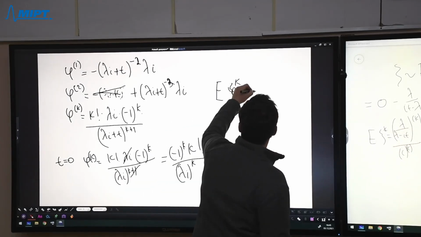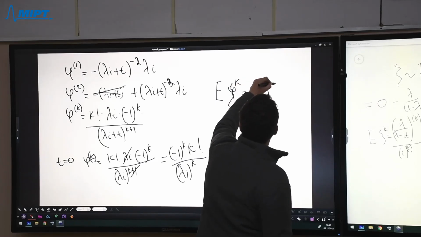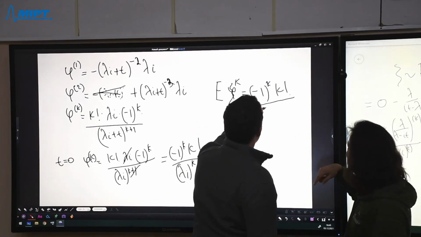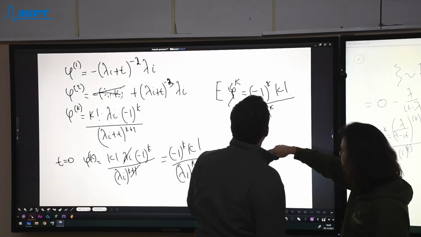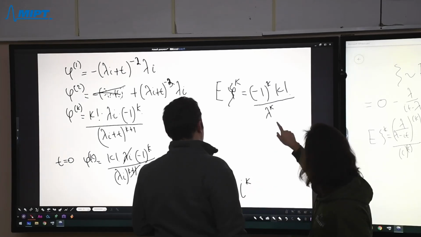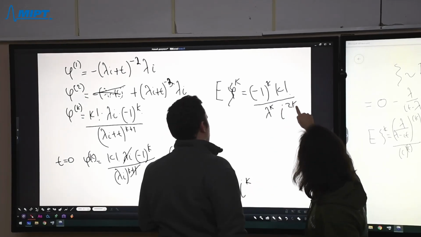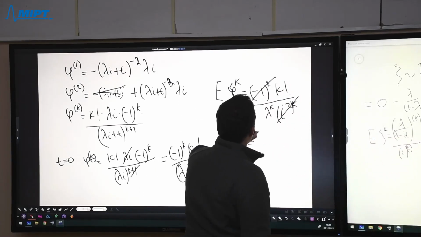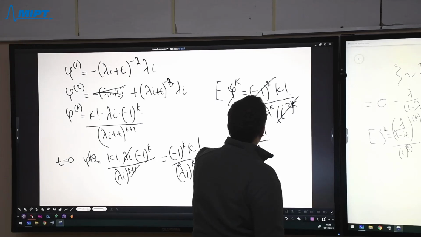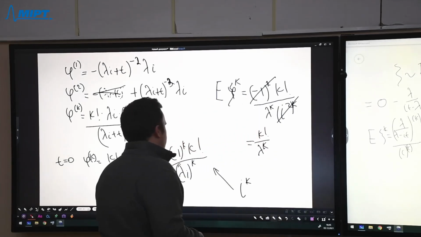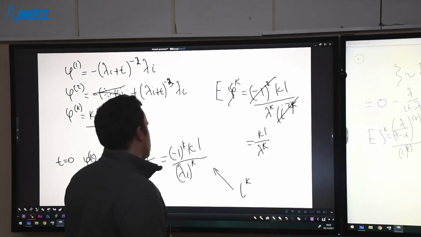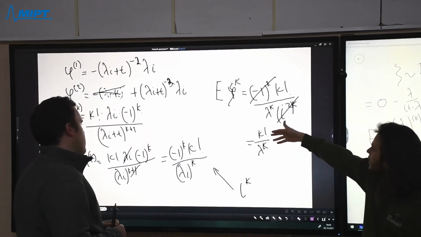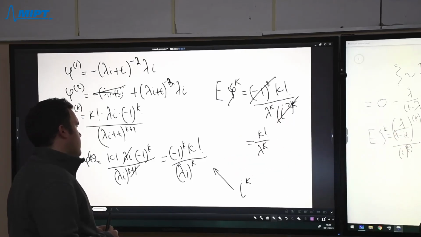So we will have minus 1 to the k, k factorial, over lambda to the k, and we have I to the k and I to the k, so I to the 2k. It's minus 1, and this is minus 1, so this cancels with this. And the answer is k factorial over lambda to the k. Yes. That is the k-th moment of psi if psi has an exponential distribution.